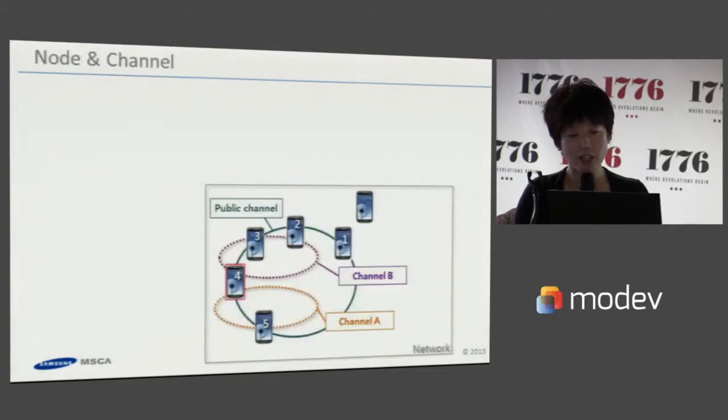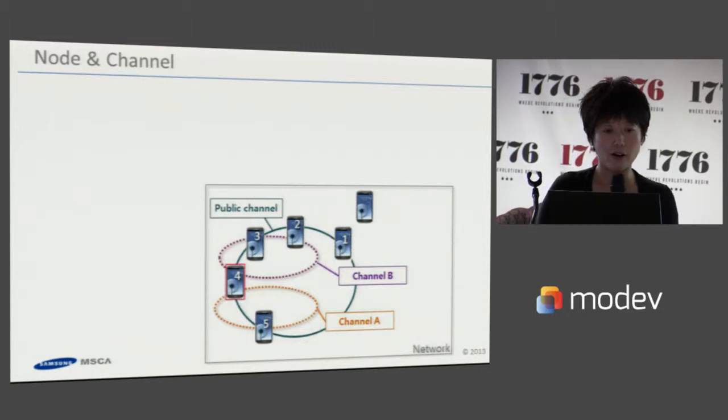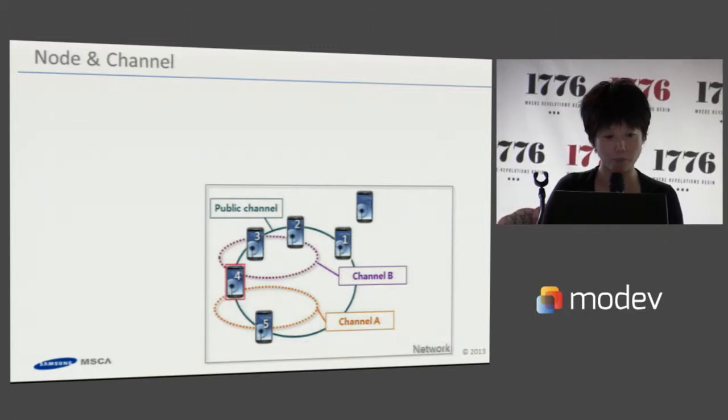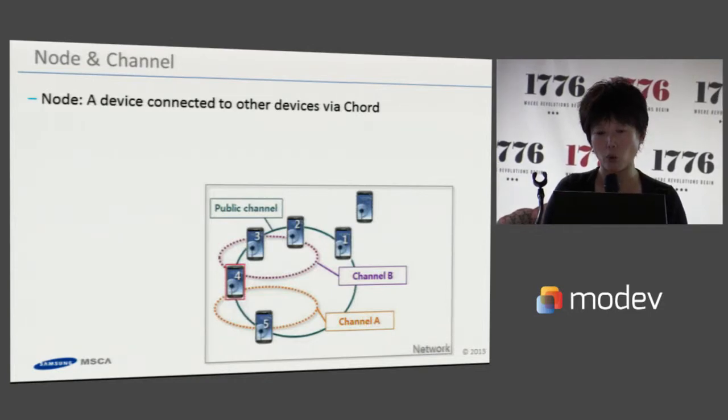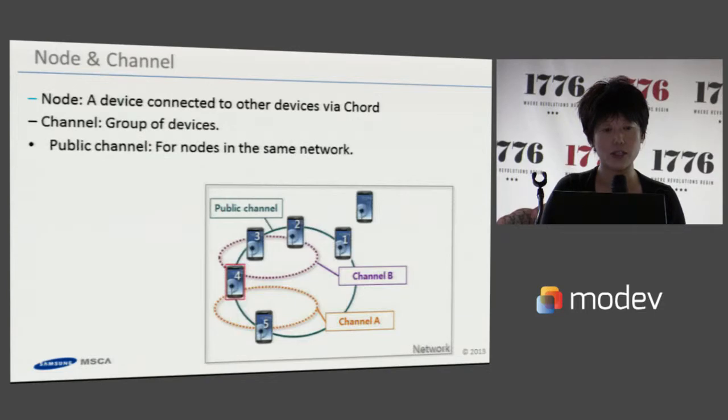Two concepts developers have to be aware of are node and channel. A node is a device connected to other devices via Chord. A channel is essentially a group of devices. There are 2 types of channels in a Chord network. One is the public channel. Any nodes that join the same subnet will automatically join the same public channel and share content.